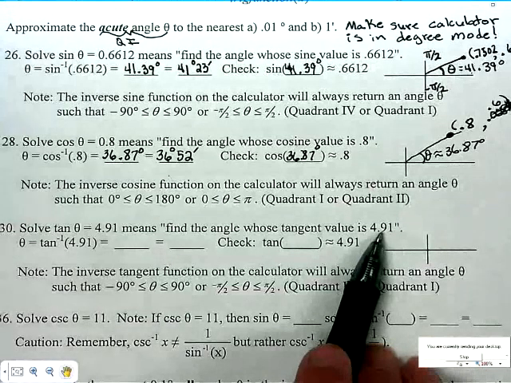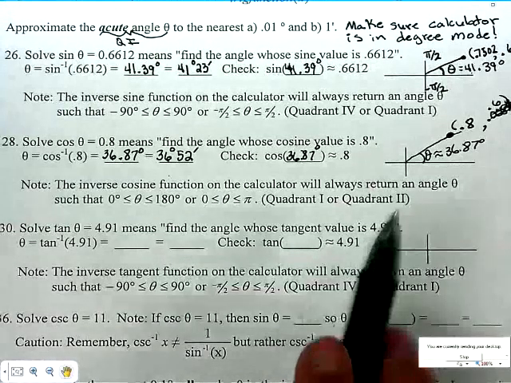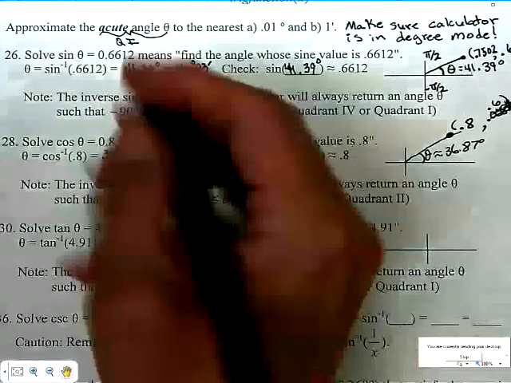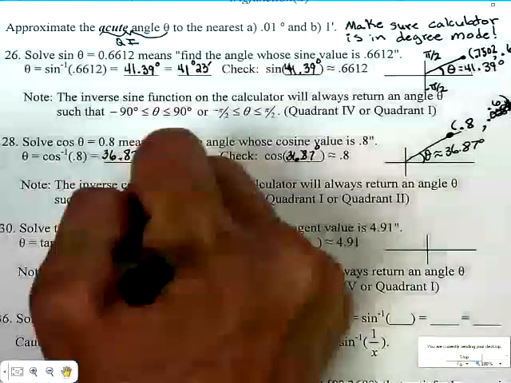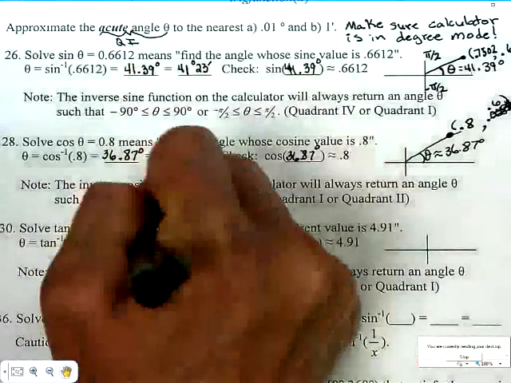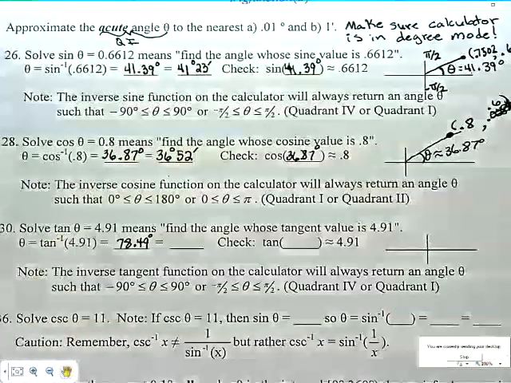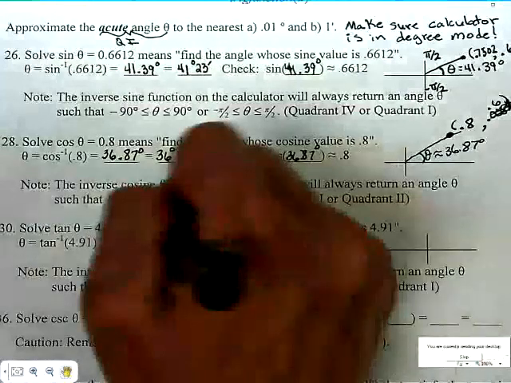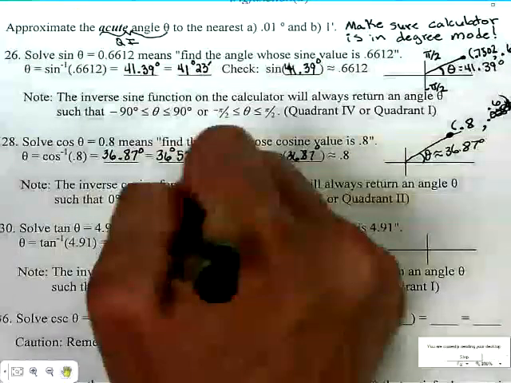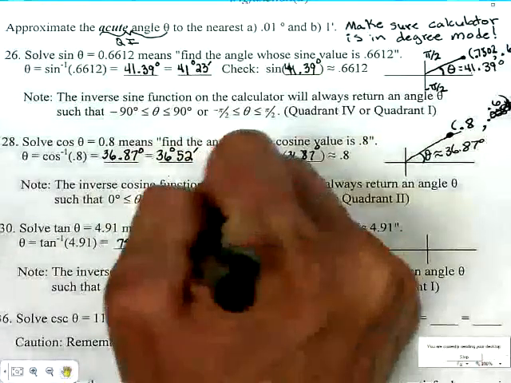Well, use inverse tangent on the calculator and you get 78.49 degrees. Or change that to degrees and minutes and you get about 78 degrees, 29 minutes.